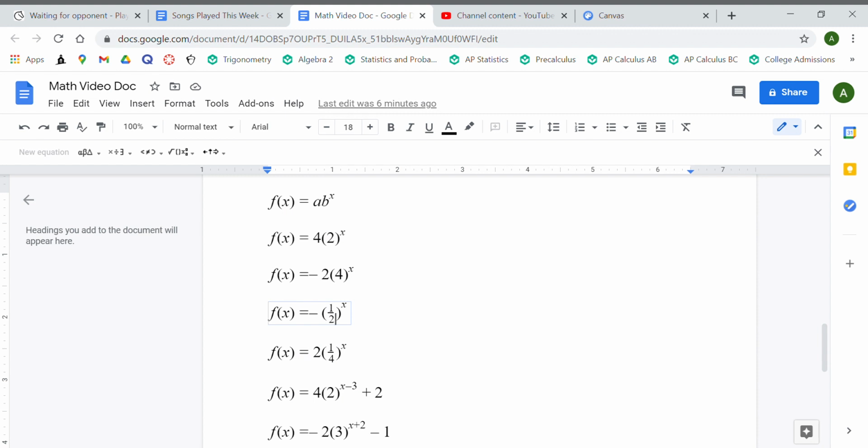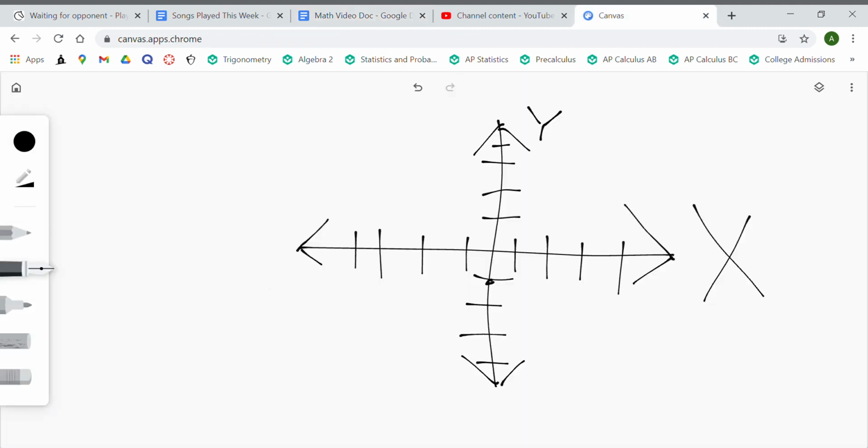I'm going to try -1 real quick. So 1/2 to the power of -1 is the same thing as 2 to the power of 1, which happens to be 2. Multiplied by -1, remember the negative sign, and you happen to get -2.